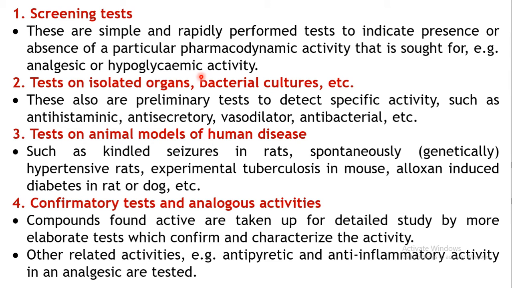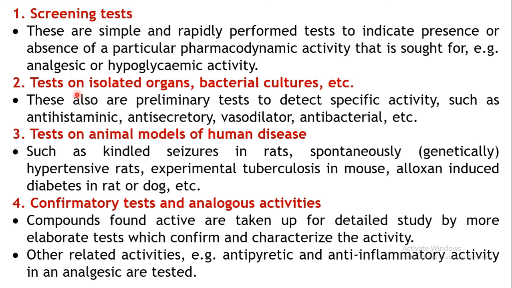Several compounds may be screened for the activities for which they are supposed to be utilized. For example, if a drug is supposed to reduce pain, analgesic activity is tested, and you have to check first whether it shows that property or not. Simpler tests are utilized for that.